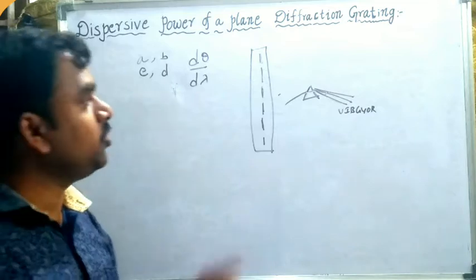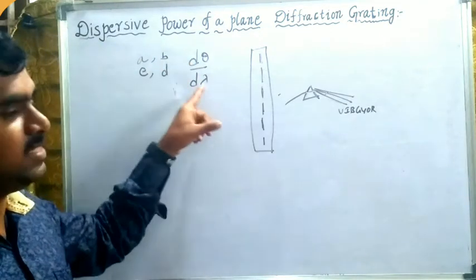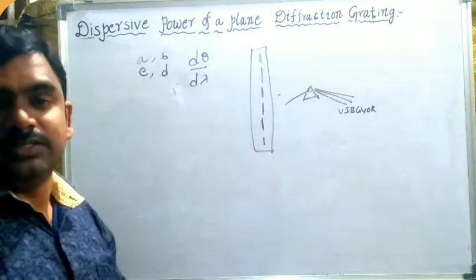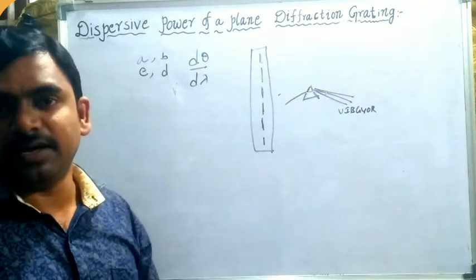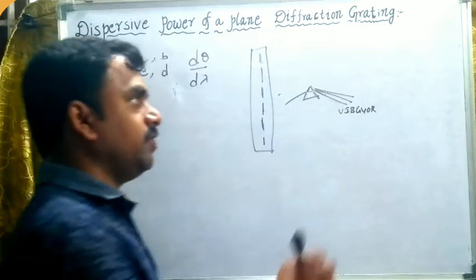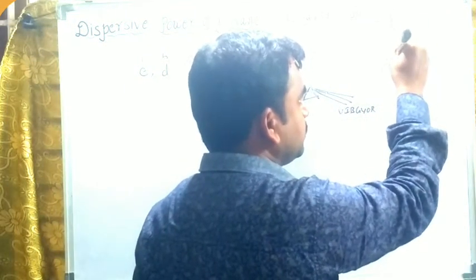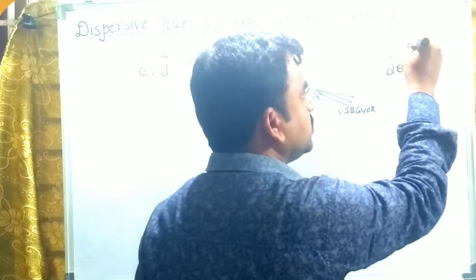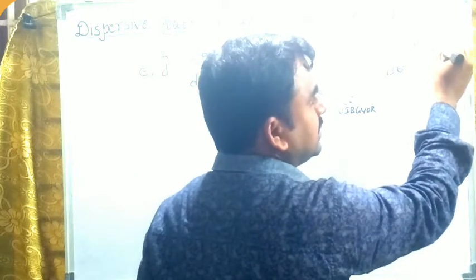Now we are going to derive the formula for dispersive power, that is d theta by d lambda. For deriving that, we need one trigonometric formula and also one differentiation formula. The differentiation formula: d by d theta of sin theta equals cos theta, and d by d theta of cos theta equals minus sin theta.